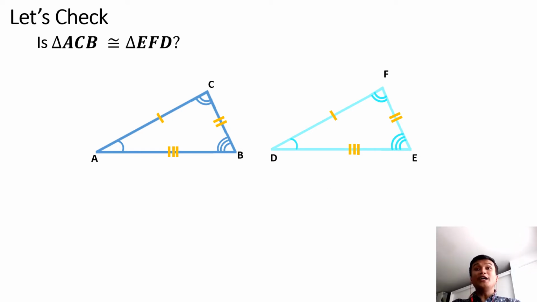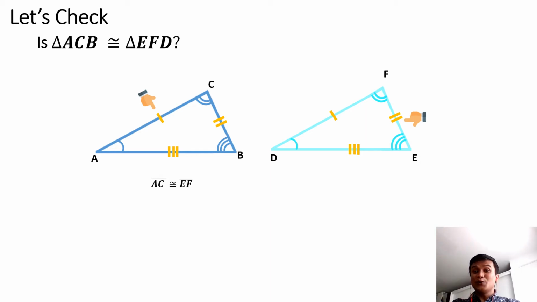What if we did not pair their vertices properly? Let's say we want to check if triangle ACB is still congruent to the other triangle if we rename it to triangle EFD. Let's check. Segment AC is congruent to segment EF.